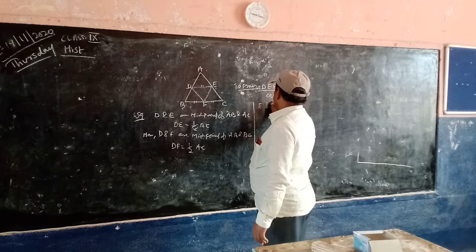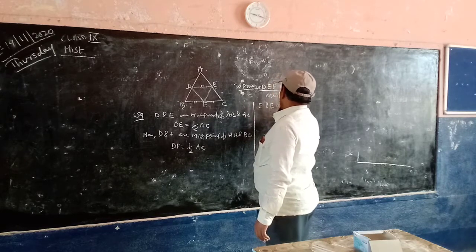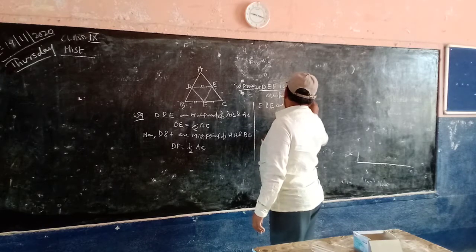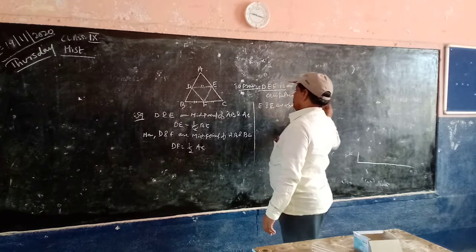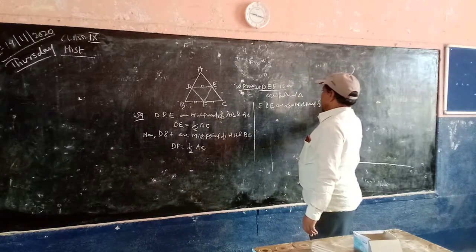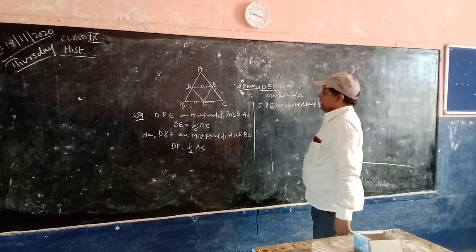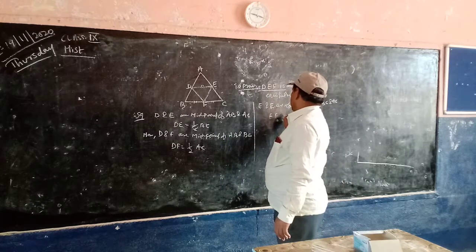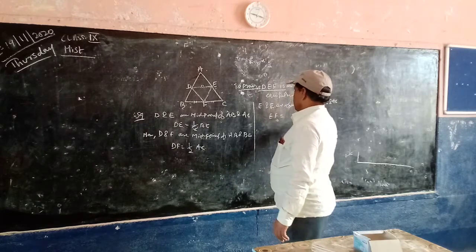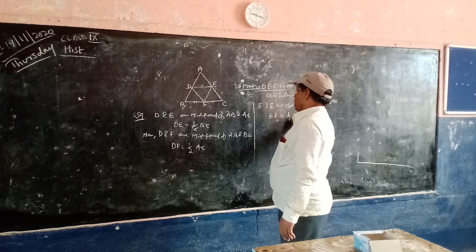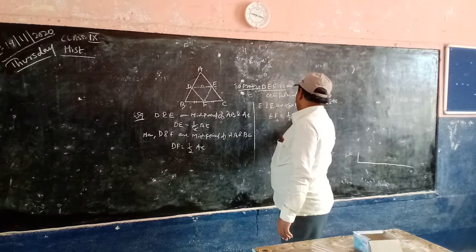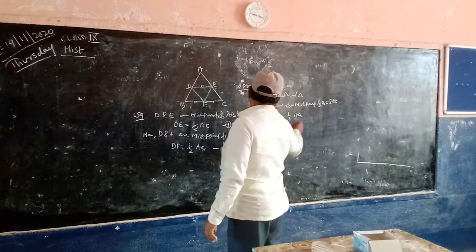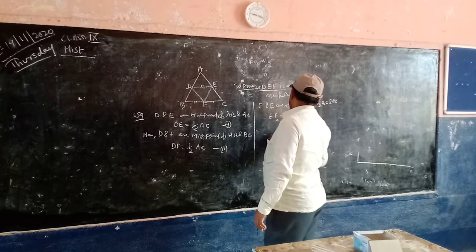E and F are the midpoints of BC and AC. So EF equals half AB. Here first, second and third.